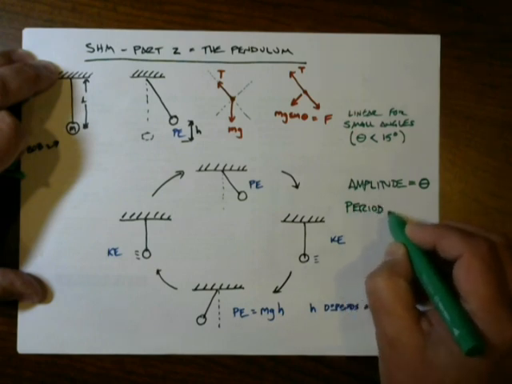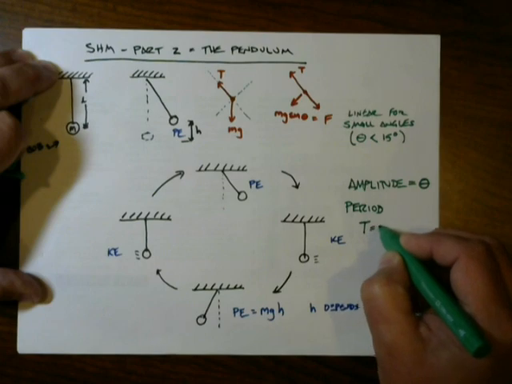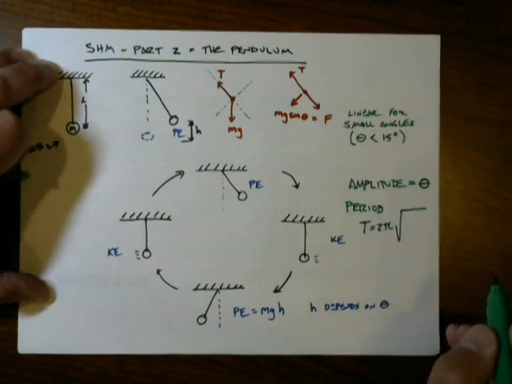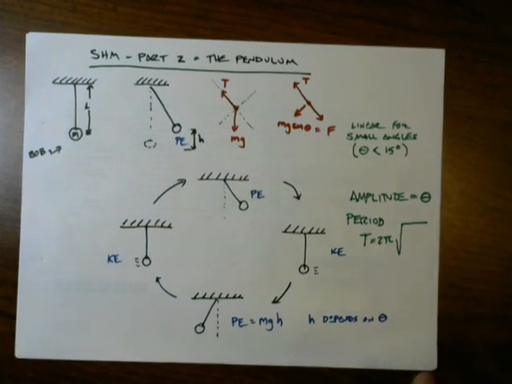The period for the pendulum is going to be T, and that's going to be 2 pi times the square root of something. Now let's cast our memory back to that last recording I made. I said that in the case of the mass and spring system, it was m over k under the square root, and that you put the inertial term on the top, and you put the restoring force term on the bottom.